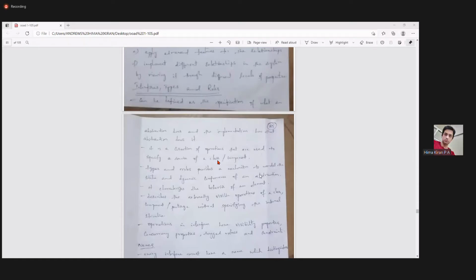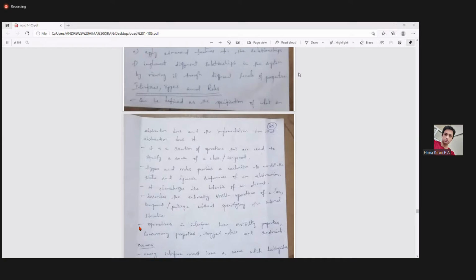Types and roles provide a mechanism to model the static and dynamic conformance of an abstraction. Role, in the sense, for example, if you remember while discussing the various adornments or representations of the association relationship, I have explained the type and role there.